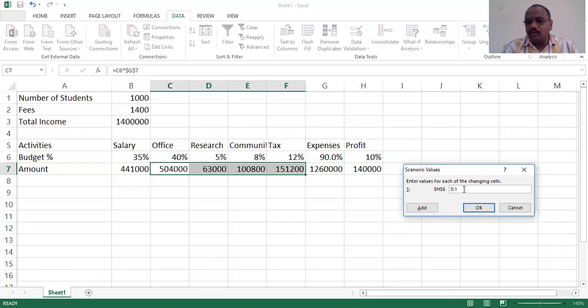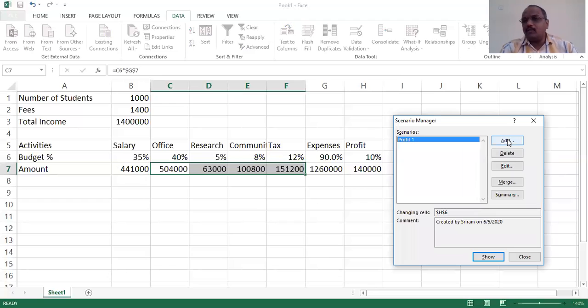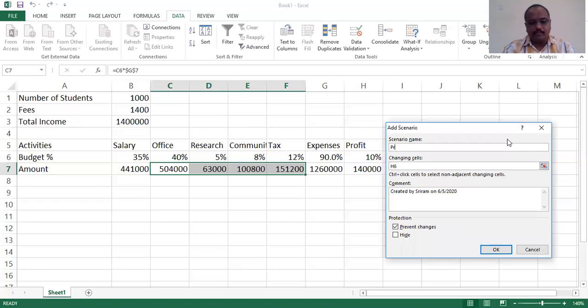How much are we going to change it? The first value we are going to make 8%. What is the meaning of 8%? This is 0.08. In the first profit, this is 8%, so 8 divided by 100 is 0.08. Next, I am going to add the next one, Profit 2. Again, we select the same cell.